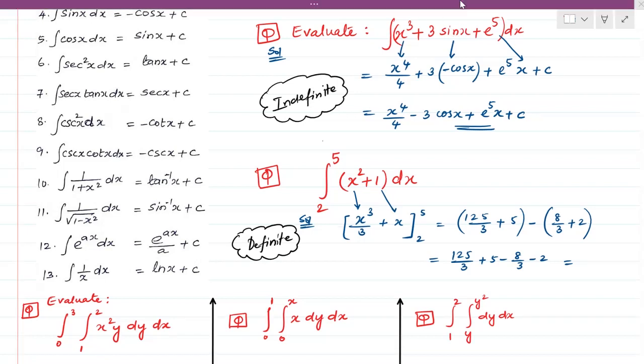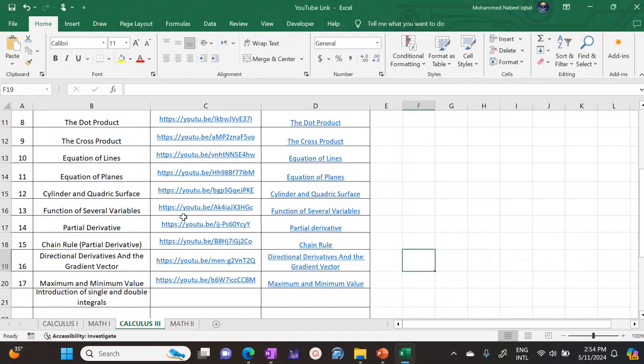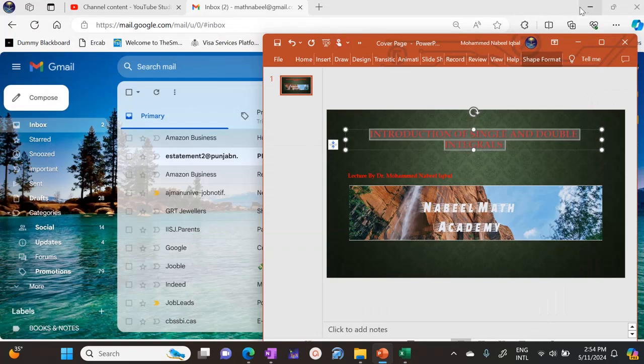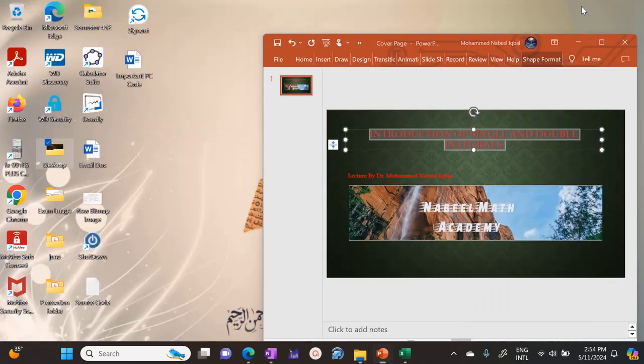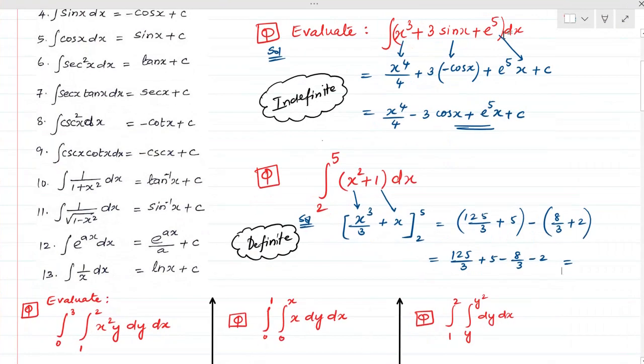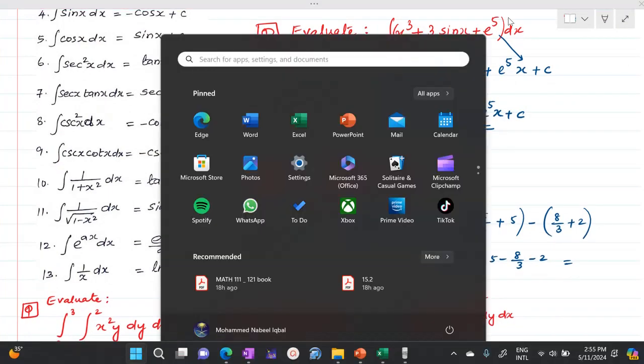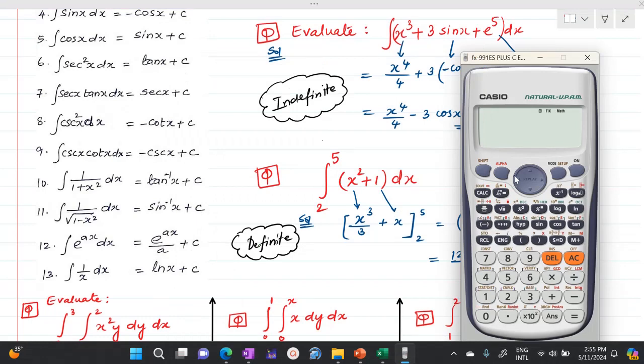Otherwise, you can do it using the calculator. Here we will open the calculator. So how will you calculate the definite integral? It is the integral; you will have x to the power 2 plus 1. Bracket open here, bracket closed here. Then we will have a limit.